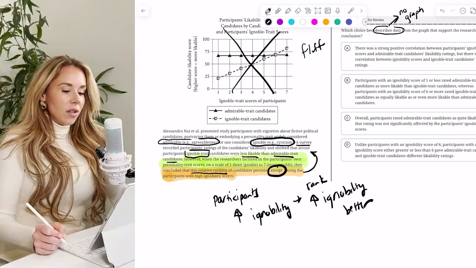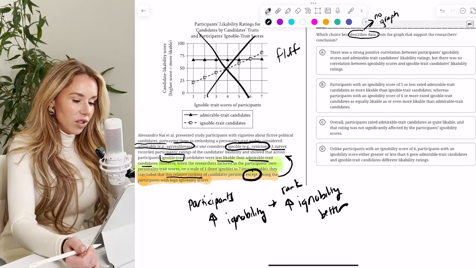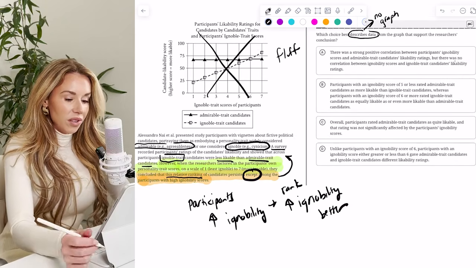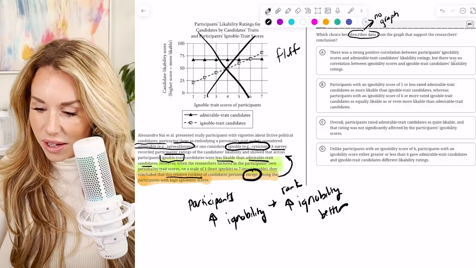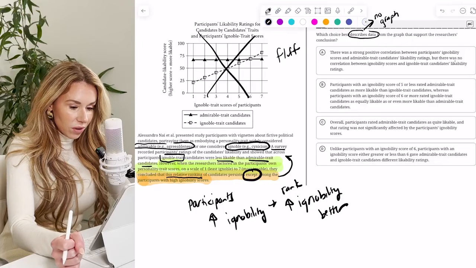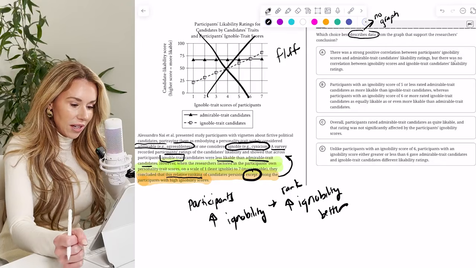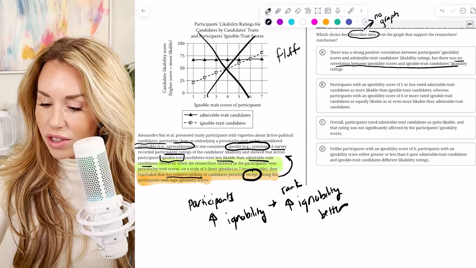All right. So when I go through my answer choices, A says there was a strong positive correlation between participants' ignobility scores and admirable trait candidates' likability ratings, but there was no correlation between ignobility scores and ignoble trait candidates' likability ratings. That's not true. This is wrong according to what they found.